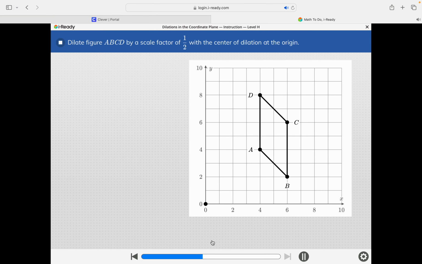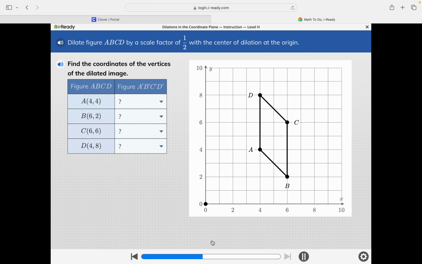Dilate figure ABCD by a scale factor of 1/2 with a center of dilation at the origin. We are making it small. Find the coordinates of the vertices of the dilated image. Now we can do it, Swan. So now A is what? A is (4, 4).